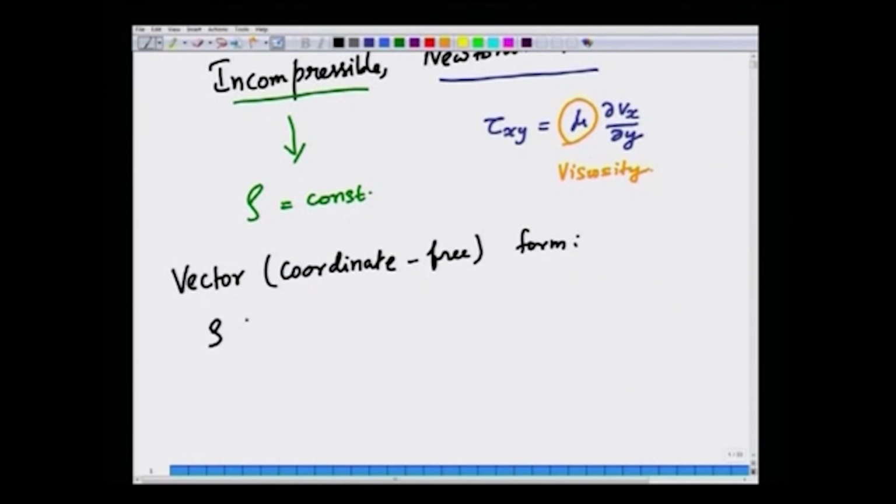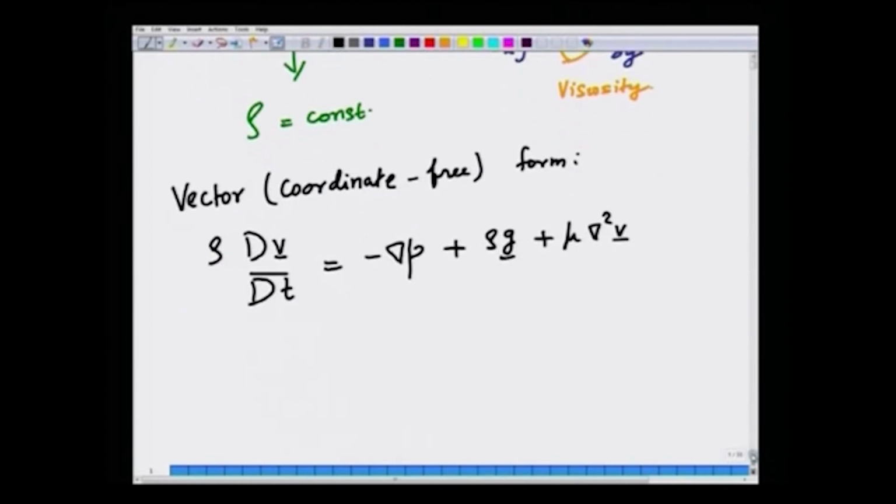Rho times the substantial derivative of velocity is minus del P plus the body force rho g per unit volume plus mu del squared v. So, this is the vector form.